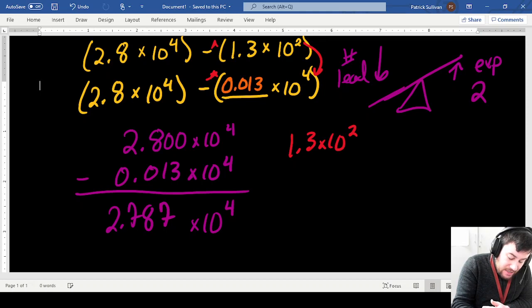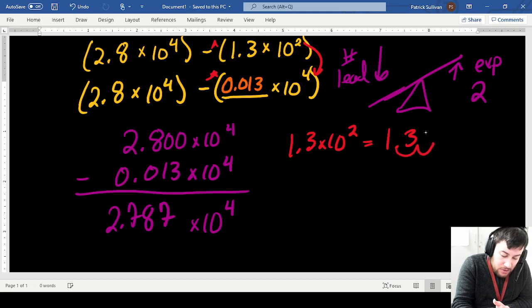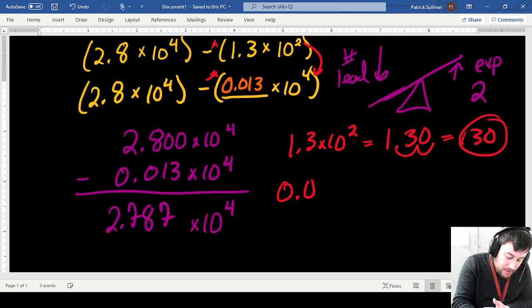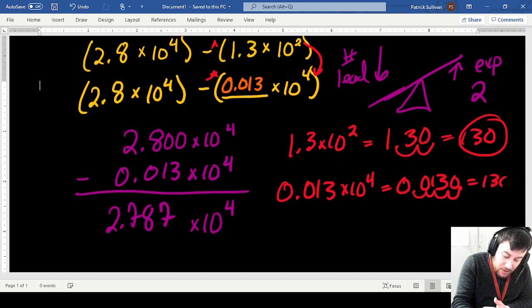And just to show you really quick that these two equal the same thing, watch this. 1.3 times 10 to the second, going from scientific notation to standard notation, 1, 2, that gives me 130. Here, 0.013 times 10 to the fourth, I'll move this 1, 2, 3, 4, and that's 130 as well. So both of these are the same.